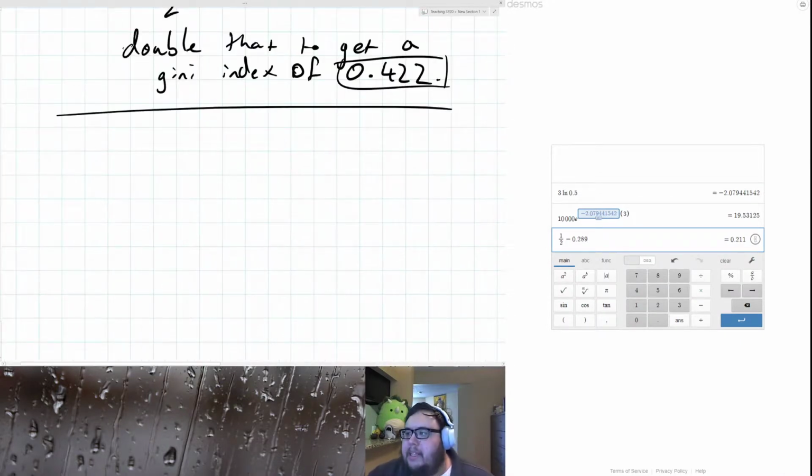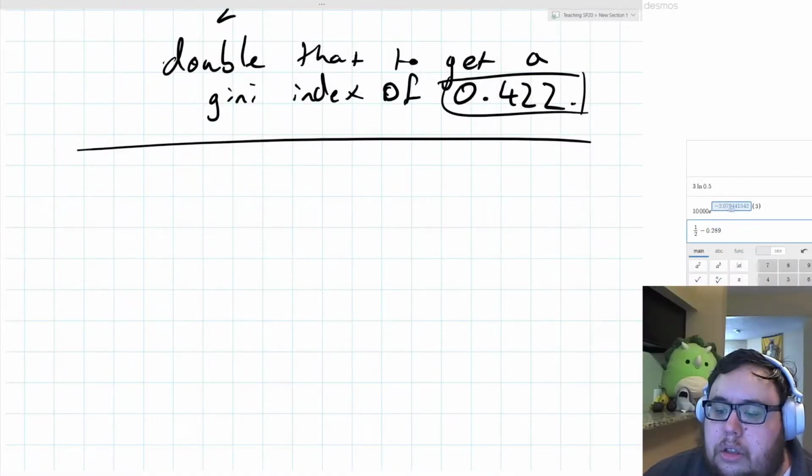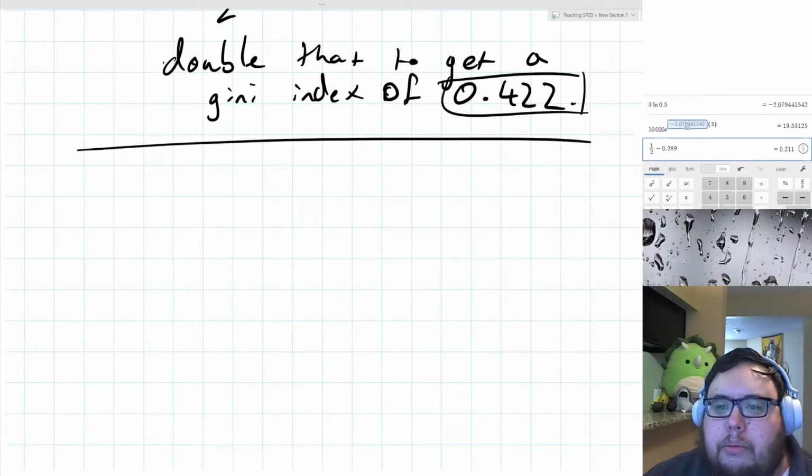So the quiz I'm handing out basically has you do this, but instead of using a fictional group of people that distribute wealth based on seashells, I'm going to have you use data from Colorado.